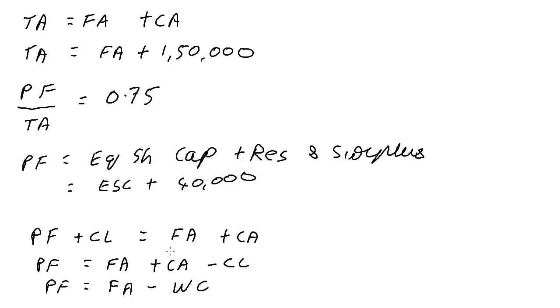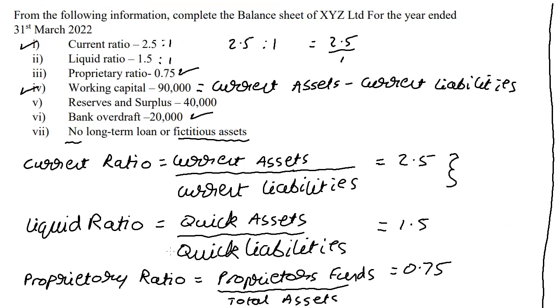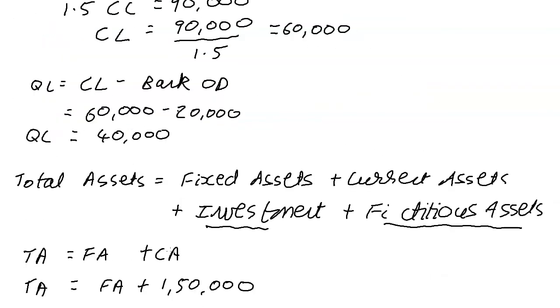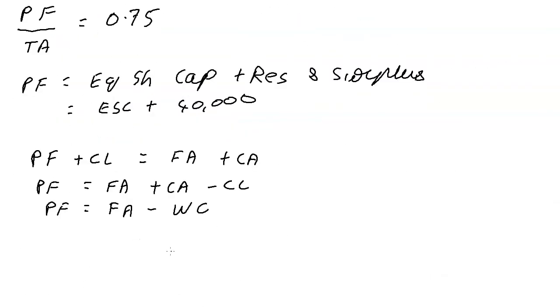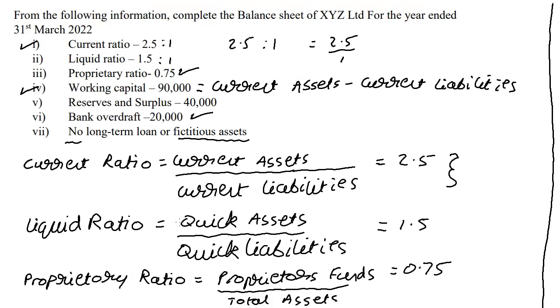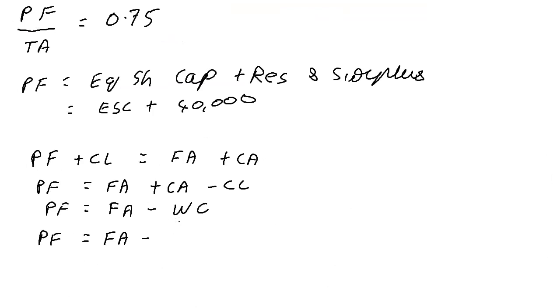Okay, and do we have working capital given to us in the question? 90,000. We had CA and CL also, but let's keep it as basic as possible. Proprietors fund is equal to fixed assets minus our working capital, which is 90,000.